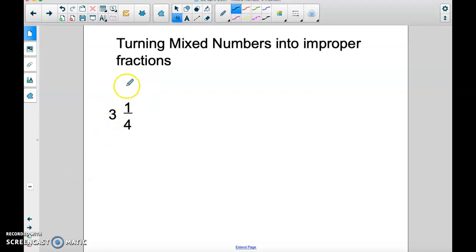So if I start with 3 and 1/4, because my denominator is 4, that means one whole is going to be equal to 4/4 because of my denominator.